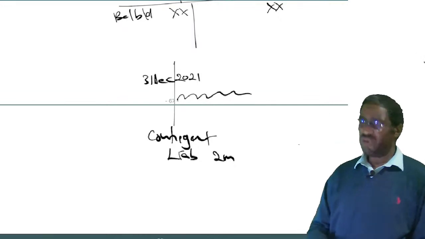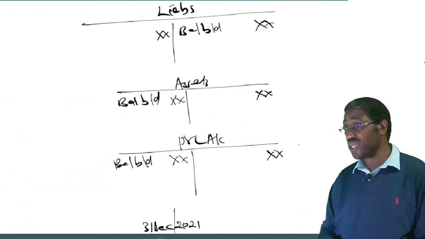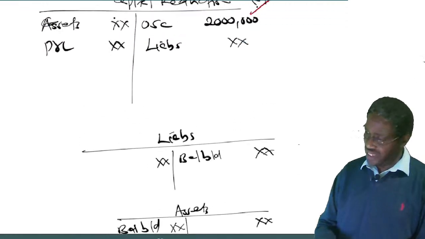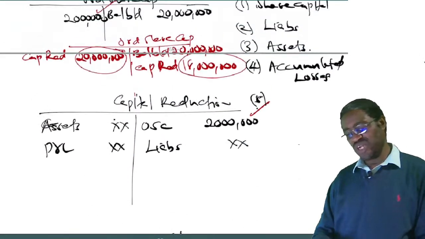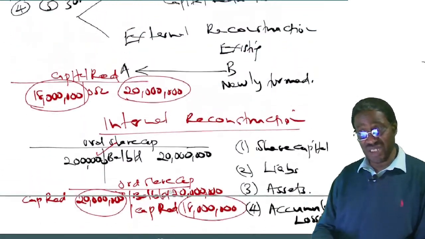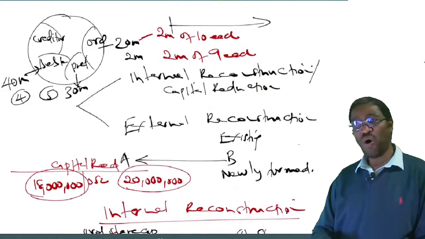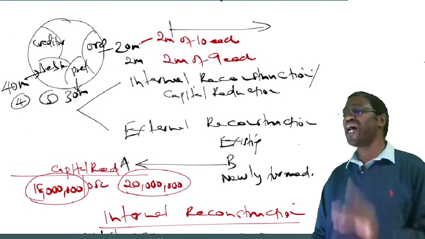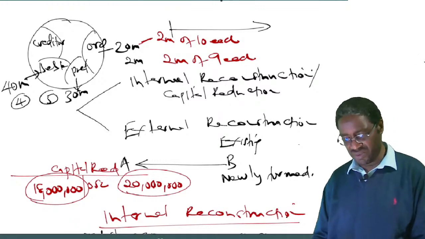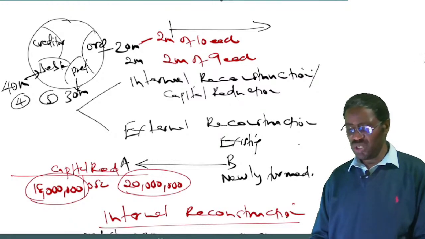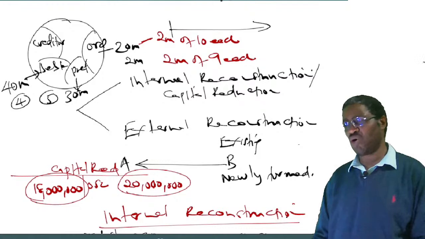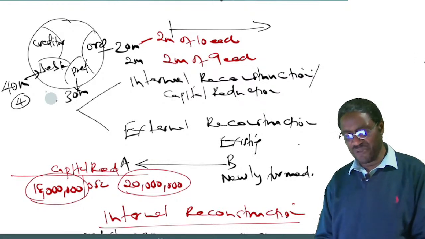Now, before we continue on how to make it a liability, we said that when you are reconstructing a company internally, all the stakeholders of the company are normally called into a meeting. And one group of stakeholders you will call into that meeting are the preference shareholders.